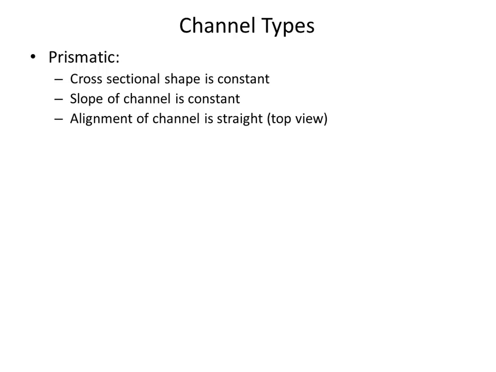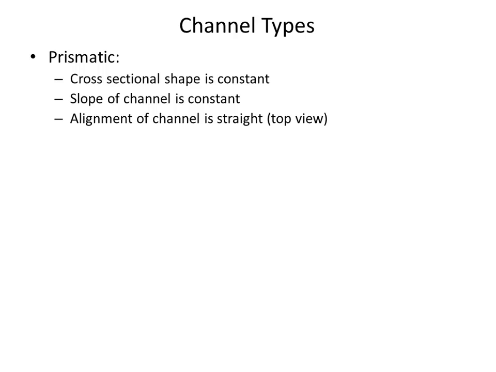Different types of channels are classified by their geometry, and a prismatic channel is something that usually is man-made because it has a constant cross-sectional shape in the direction of flow, so that if you take a cross-section here and some distance from here, the cross-section hasn't varied, or it's varying in a constant way.